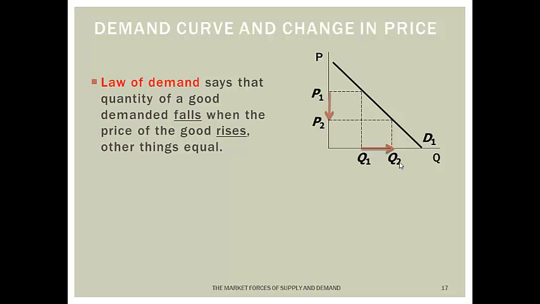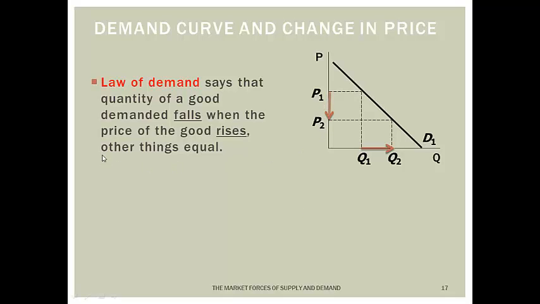And this downward sloping characteristic is represented in what we call the law of demand. It says that quantity of the good demanded falls when the price of the good increases, and vice versa. The quantity of the good increases if the price of the good falls.